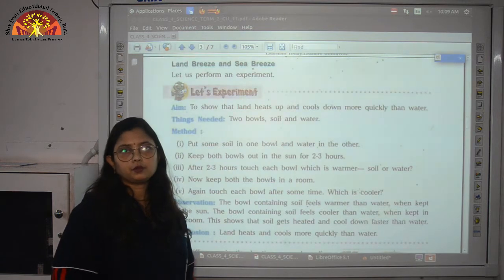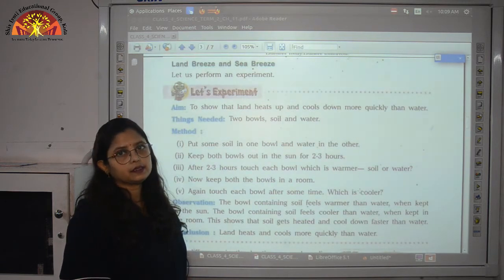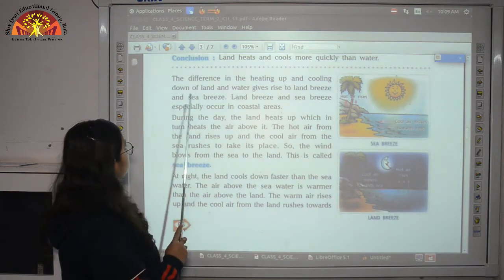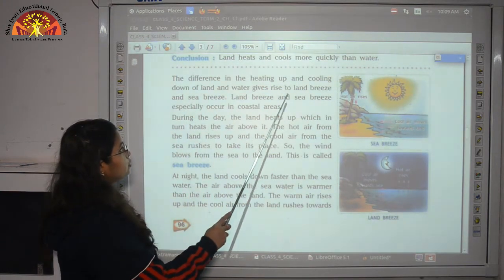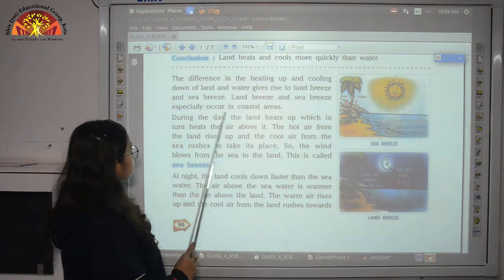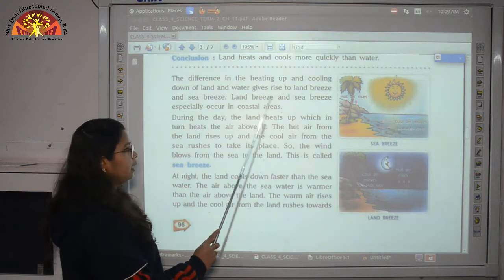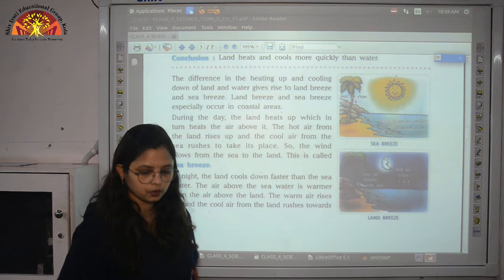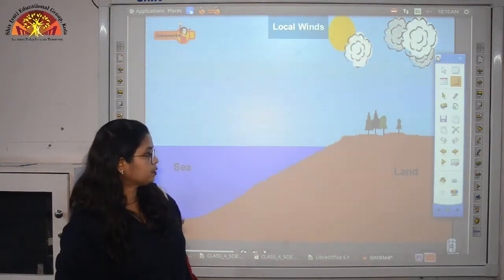So children, now we come to the next topic, that is land breeze and sea breeze. The difference in the heating up and cooling down of land and water gives rise to land breeze and sea breeze. The land breeze and sea breeze especially occur in coastal areas. So let us see how they are formed. Now children, what happens over here?